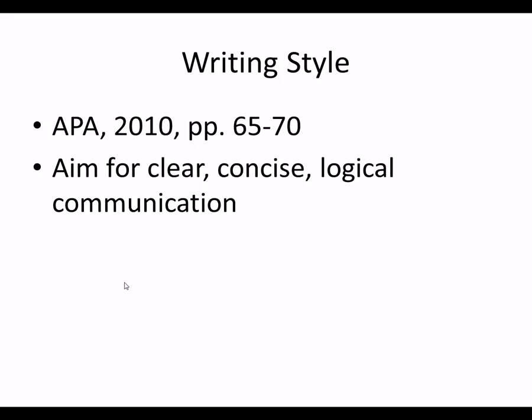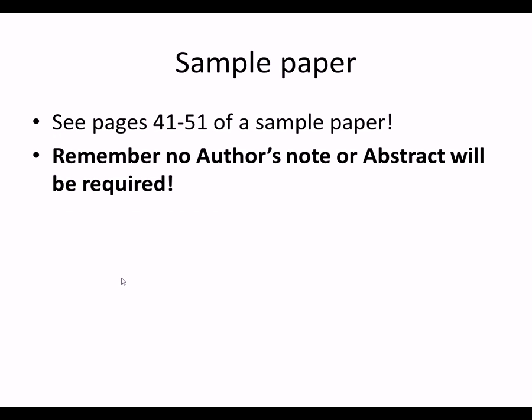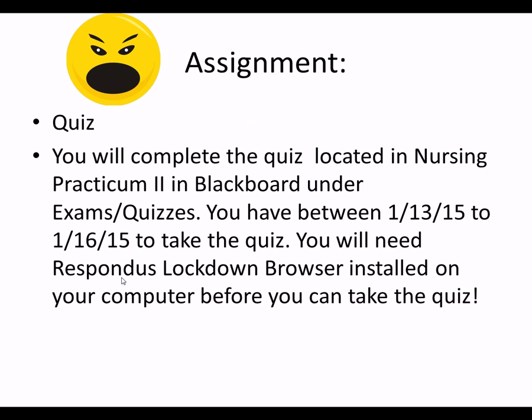You need to mark those pages as writing style. It tells you how to aim for clear, concise, logical communication when you're writing, and to be effective. Sample paper, again, is pages 41 through 51. Be sure to read over those and refer to them often. I still have to refer to that. Remember, there will be no author's note, and no abstracts will be required.